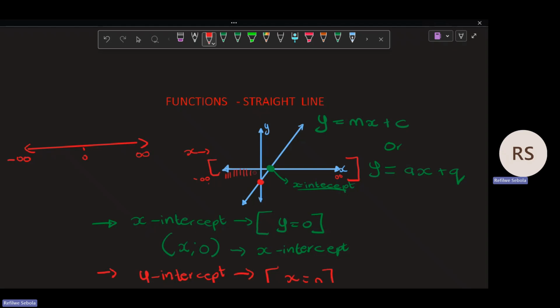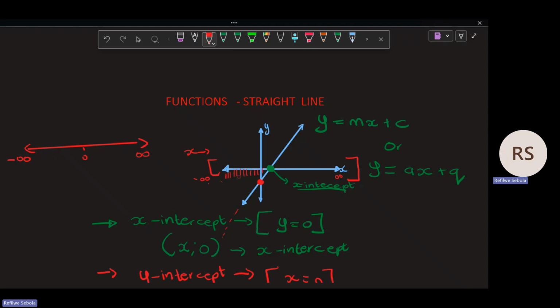If we extend this graph, everything on the left hand side of 0, the negative side, will be included. The negative values will be included in our domain.